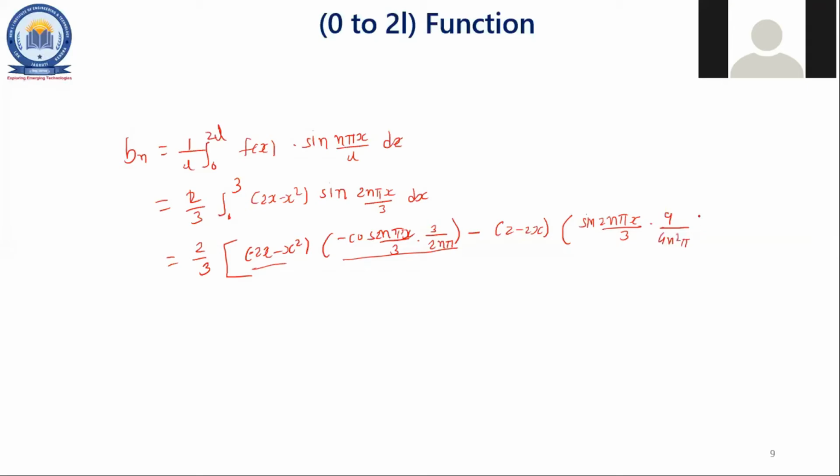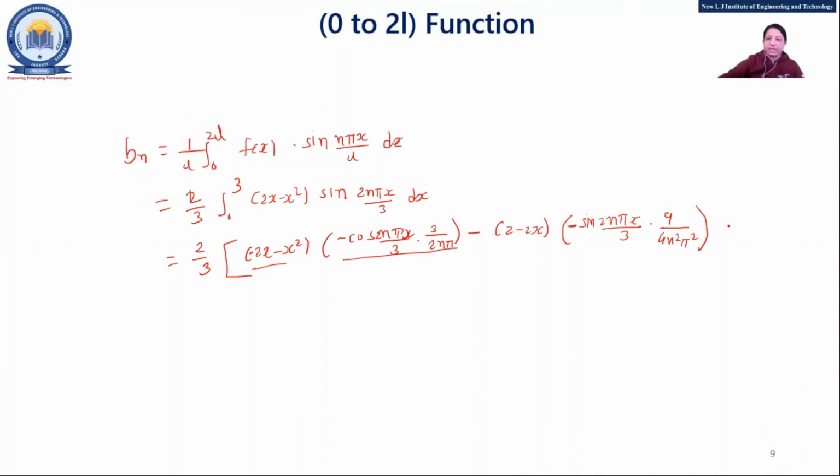What about the minus sign then? This minus cos, so that I need to consider here, right? So I'll write minus here. Okay, last term, plus.